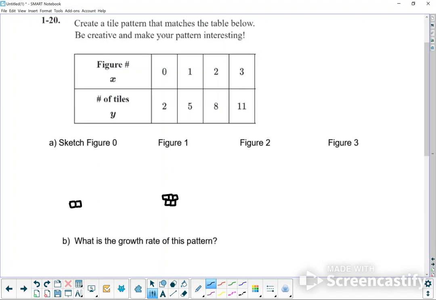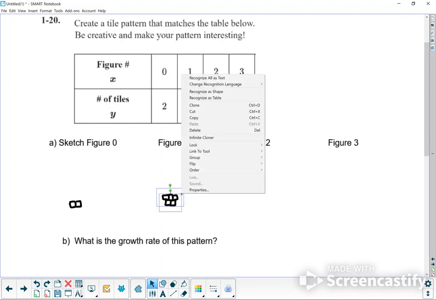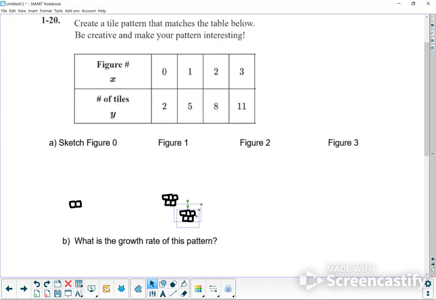Figure 2 is 8. So I'm going to do the same thing as figure 1. Actually, I can cheat because I have this awesome computer. So that's 5, and then I'm just adding 3 more. So 6, 7, 8.